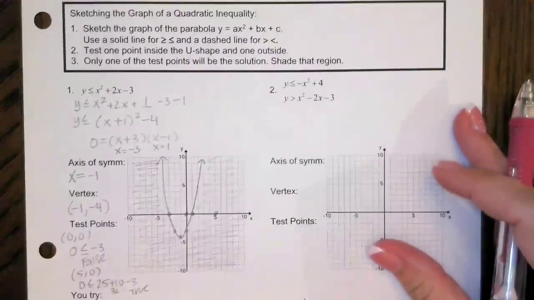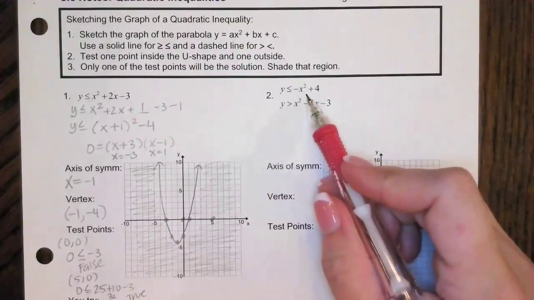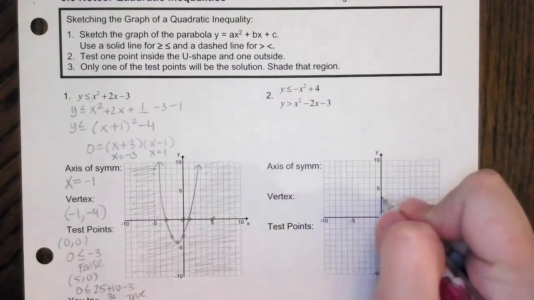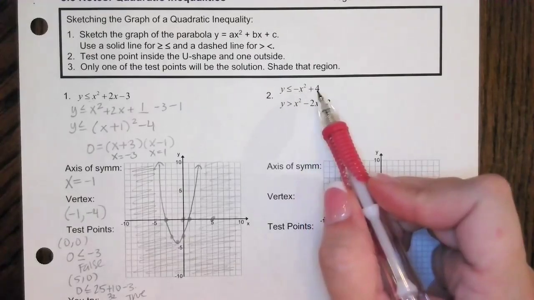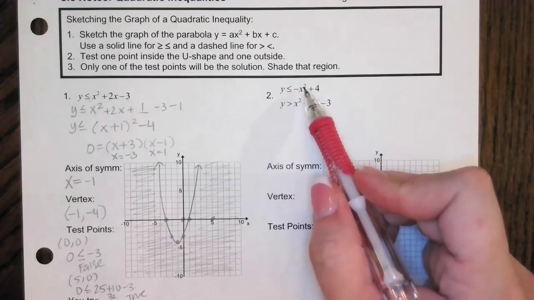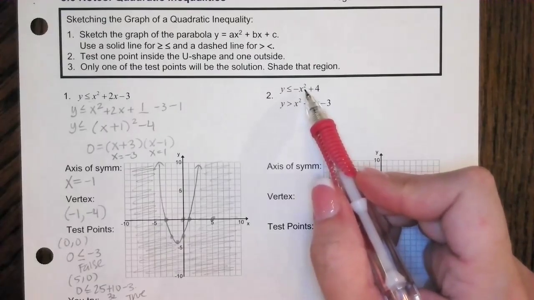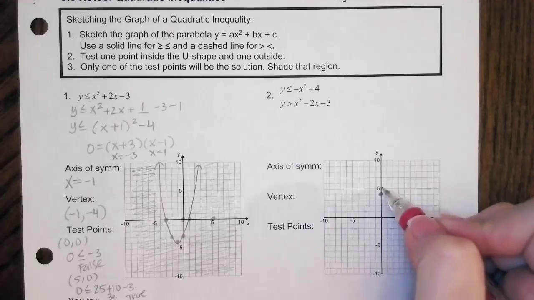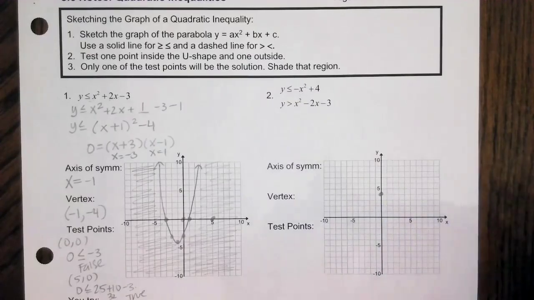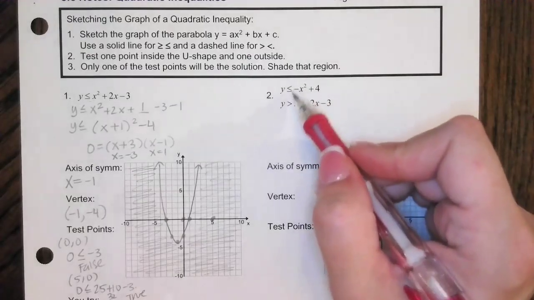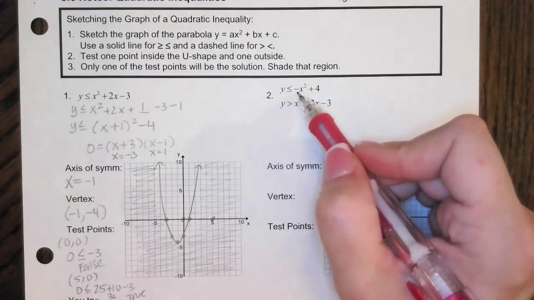So for this first one, y is less than or equal to negative x squared plus 4. Here is my vertex. This is written in the vertex form. The c part is 0. That's why there's nothing written with the x there. So (0, positive 4) is my vertex for that one. It is open downward. This is concave down because the a value is negative.